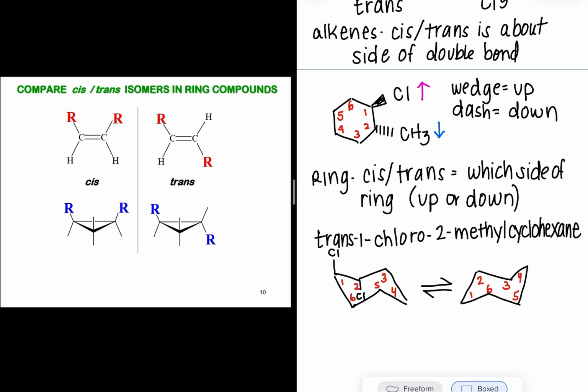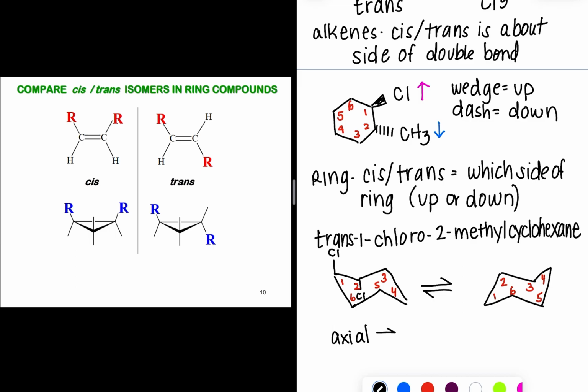Then on the right side chair, I still need my chlorine to be facing up. So remember, when you do a chair flip, everything that's axial goes equatorial and vice versa. So my chlorine, again, is still going to stay in position up, but now it's equatorial.